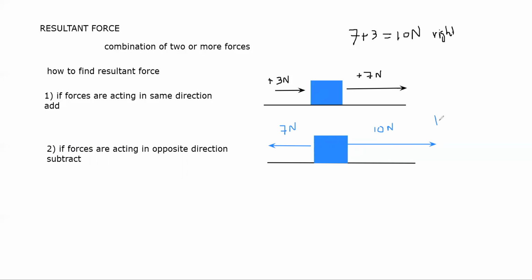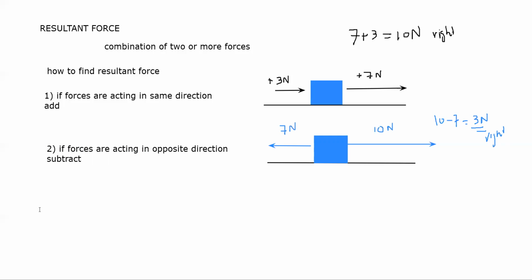So 10 minus 7, which equals 3 Newton. And I'm getting a positive answer, so it means the direction is towards the right hand side. So when two forces are acting in the same direction, to get the result, you will add. If they are acting in opposite direction, you will subtract them.